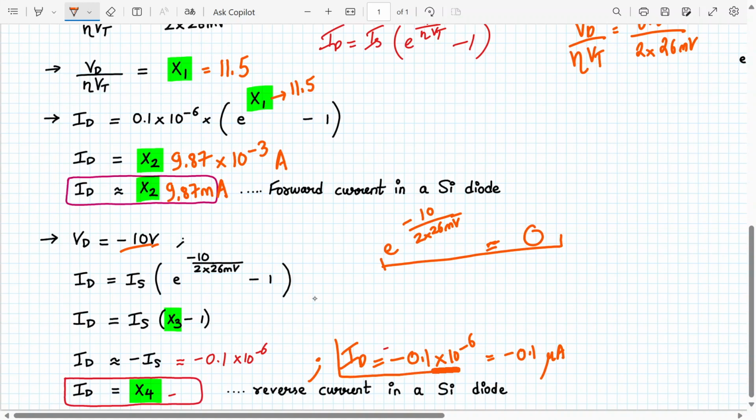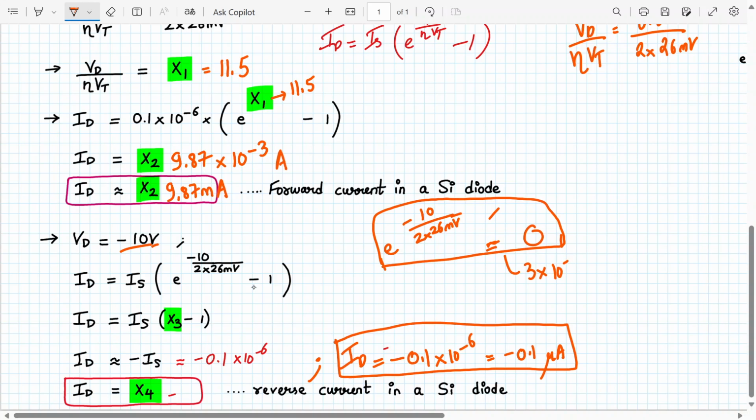Is it 0? e raised to minus 10 divided by 2 into 26 millivolt. A very, very small number it will be, into 10 raised to minus something, I guess. How much did you get? 3 into 10 raised to minus 84. It's very small, so it's 0. Better to say it's 0.